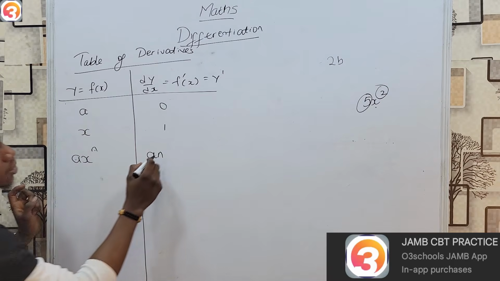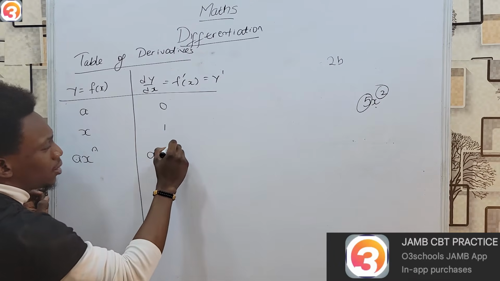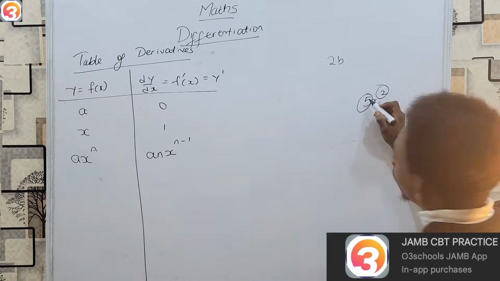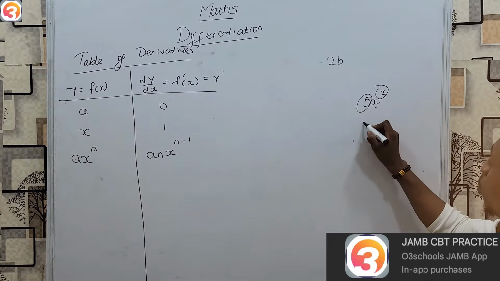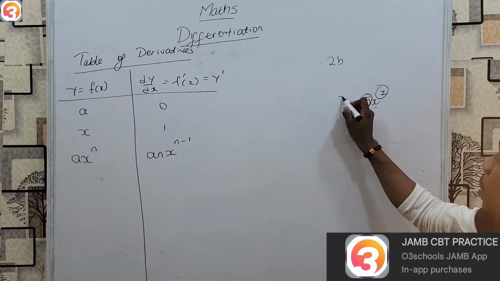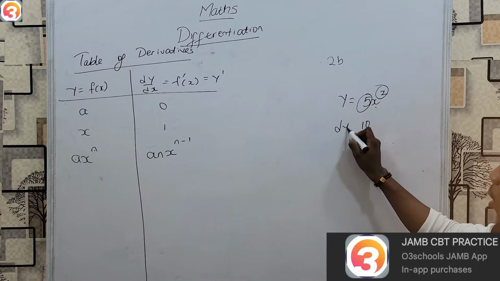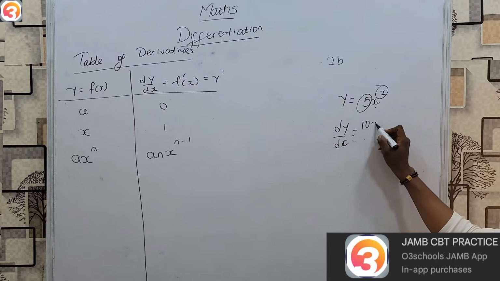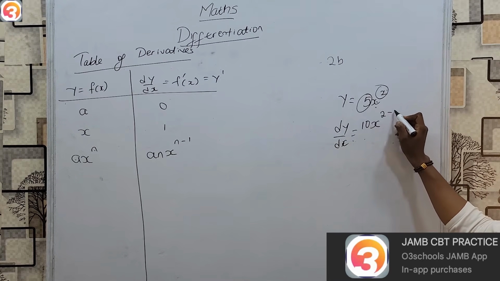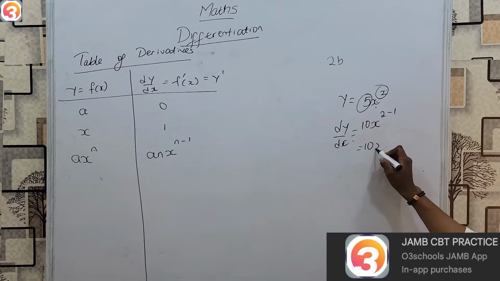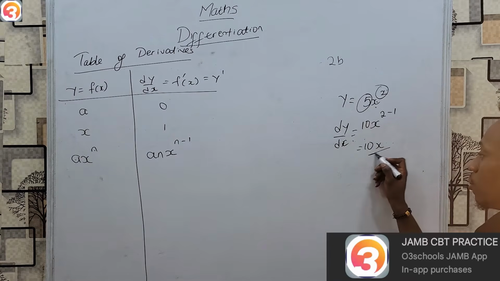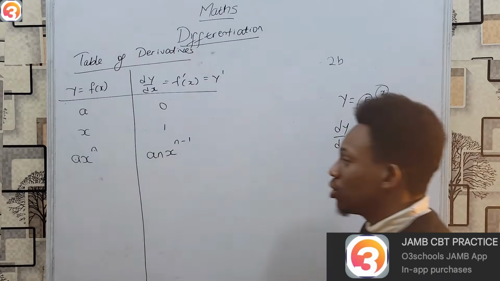Then I write my x, then I subtract 1 from the power. It is that simple. If I try that here, 5 times 2 is 10. If y equals this, then dy dx must be 5 times 2, 10, then I write my x, then 2 minus 1, which is 1, and I do not really have to put the 1 there. So that is my answer.